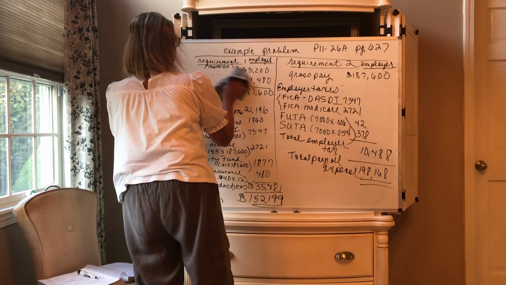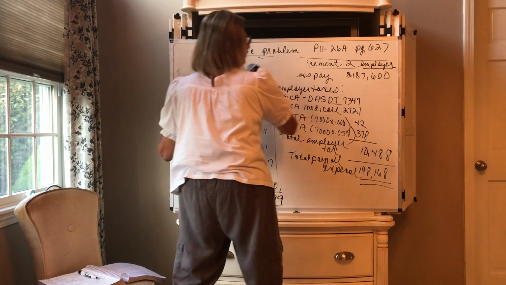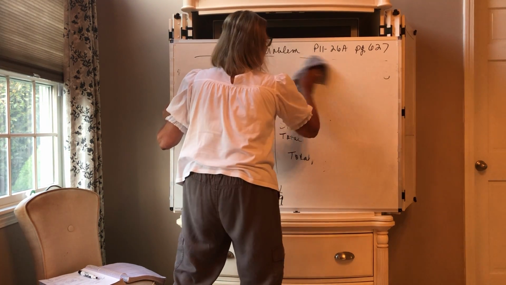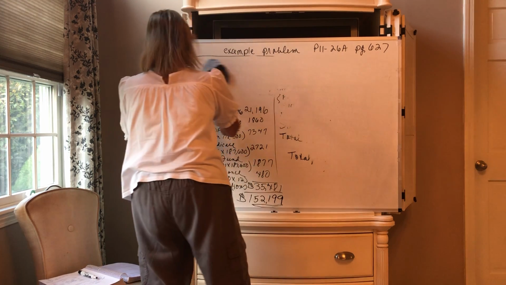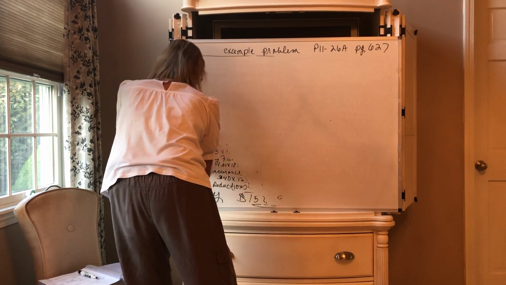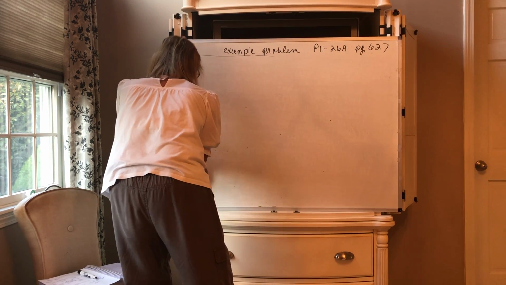Okay, so let me put requirements 3, 4, and 5, which I'm going to fit all here. It's the journal entries for the payroll. Now that we did all that figuring, what would be really nice is if I could have left that there, but then I would have nothing to write on, so that wouldn't work out.